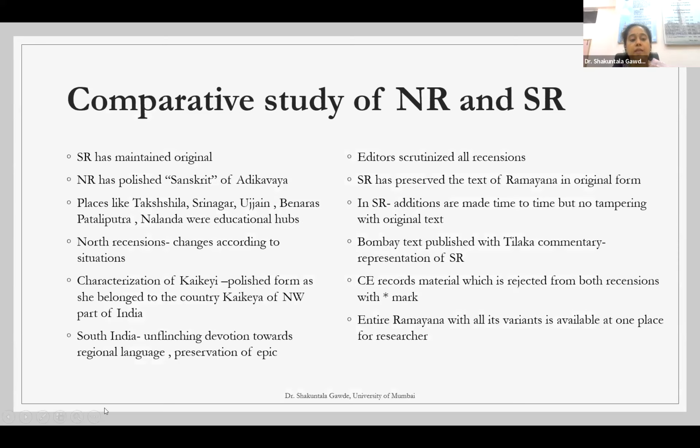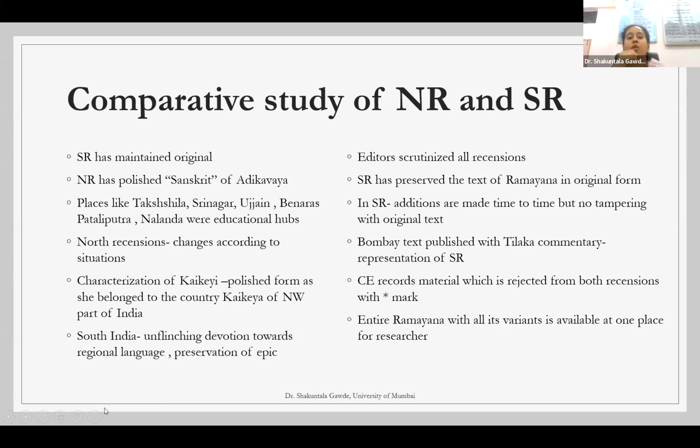When they made a comparative study of the northern and southern recensions, what they felt is that the southern recension has maintained the original text, whereas the northern recension has polished the Sanskrit of the Adikavya, because Sanskrit was profusely studied in the north, and many places from the north were considered educational hubs at that time.